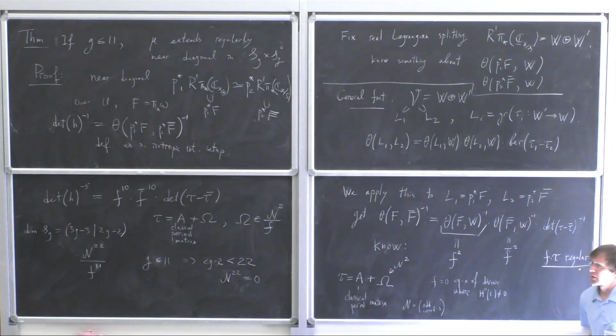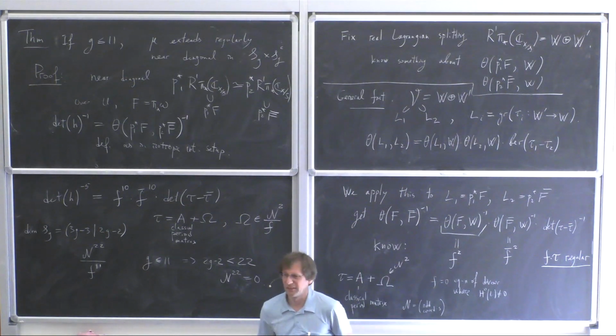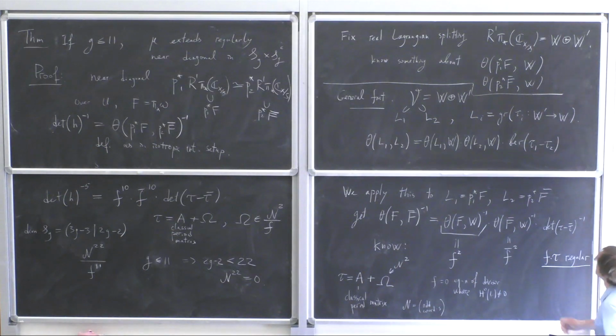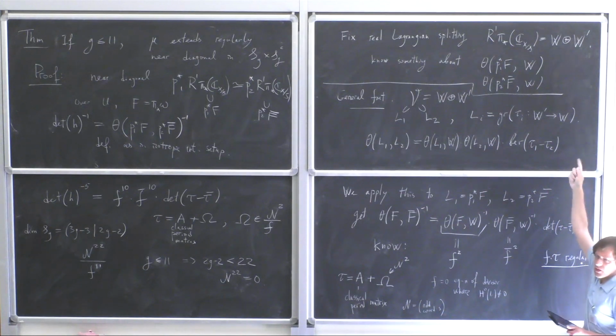Okay, this is maybe a good place to ask questions because I'm going to switch gears after this and start talking about stable supercurves. Yes? You gave us L1 and L2, but you didn't quite say W, but maybe I said before, we fix Lagrangian splitting, real Lagrangian splitting.